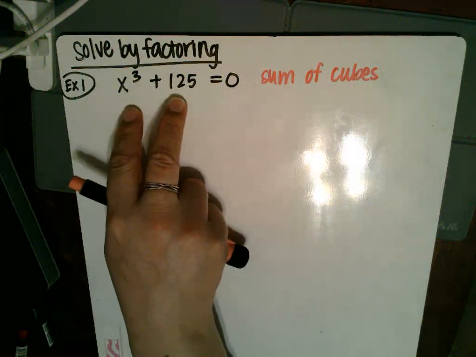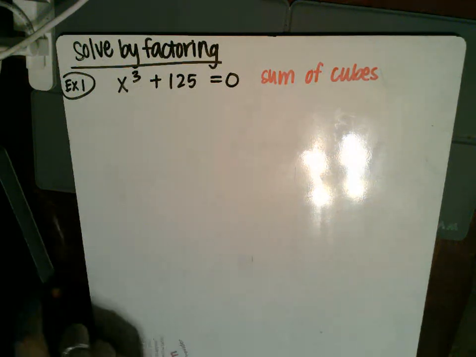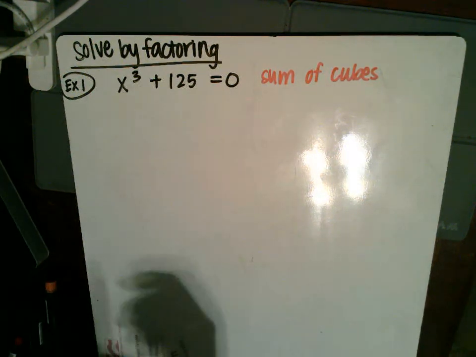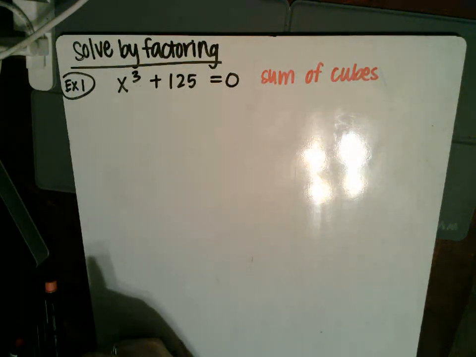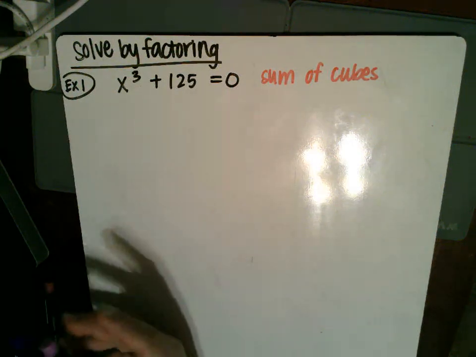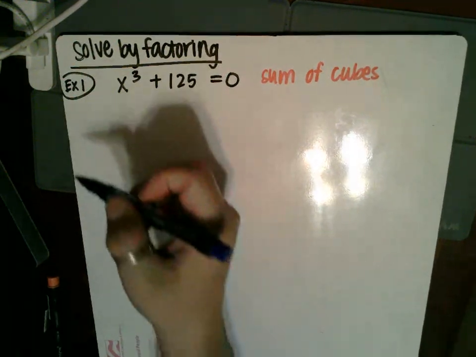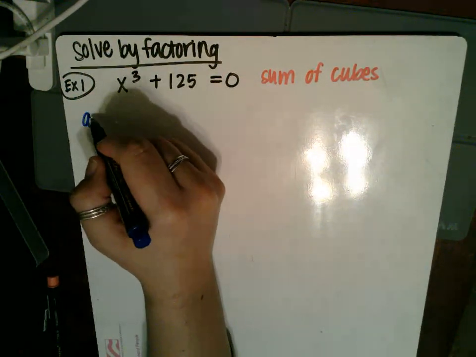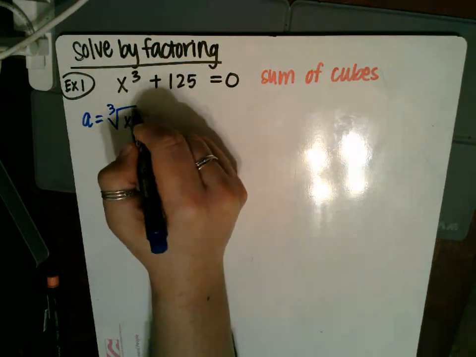So I know that I can factor the left-hand side by using my sum of cubes formula, which, if you remember from the first Ed Puzzle about the sum of cubes, is first one, first one squared, first one times the second one, second one squared. Use some soap because you don't want to be nasty, right? So in order to use that, we need to find out what the first one and the second one are. The first one, or A, is going to be the cube root of the first term, x to the third.